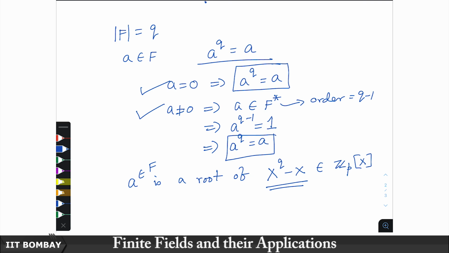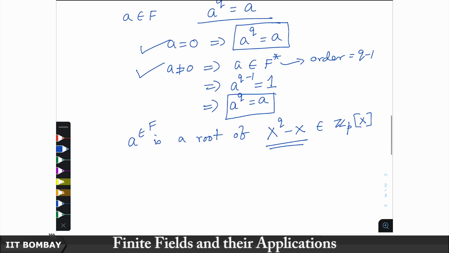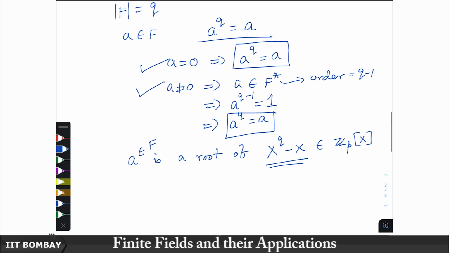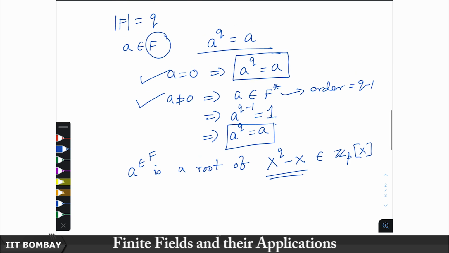Exactly q elements are there. So, there are q roots of x power q minus x that we already have here in the field F. Now, this polynomial is of degree q, and hence it cannot have more than q roots. So, all the roots of this polynomial are exactly the elements of this field F. So, if you take a finite field F, its elements are exactly the roots of the polynomial x power q minus x, where q is the order of that field.